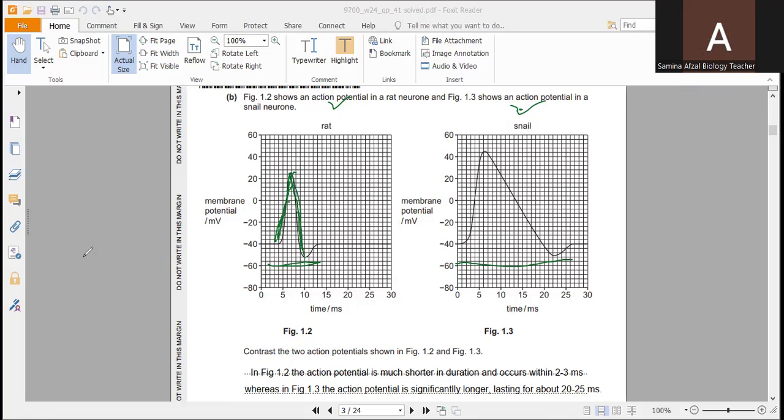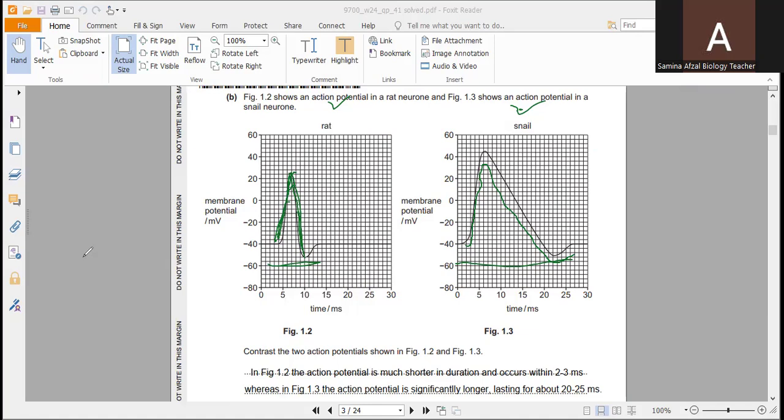On the other hand, in the snail, depolarization and repolarization are much slower, taking more time to complete. The shape of the action potential is also different in them.